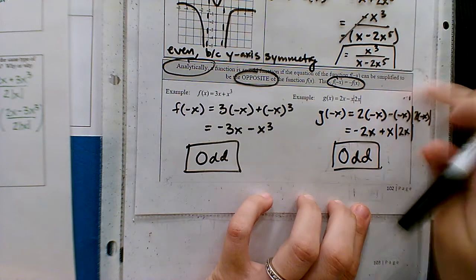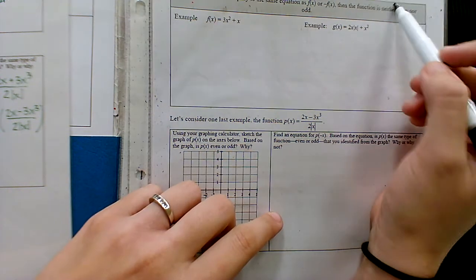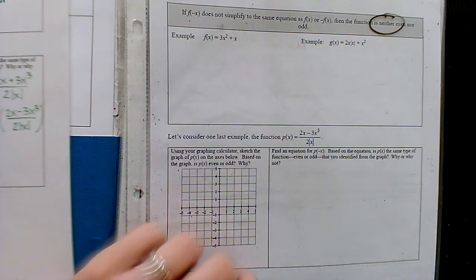That's a good transition. Okay, so Travis was interested in determining, what if it's not exactly the same, and what if everything is not exactly opposite? What does that lead us into? That's when we're going to classify it as neither. If it doesn't match the original exactly, and it's not the opposite of the original exactly, then we don't have either type of those symmetries.